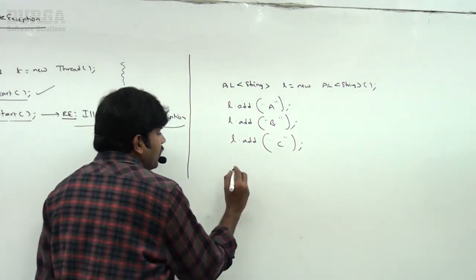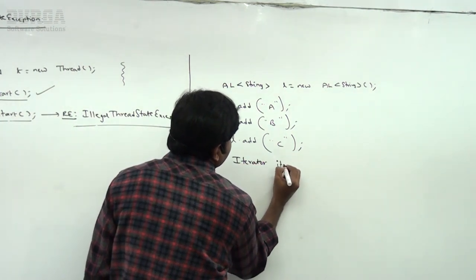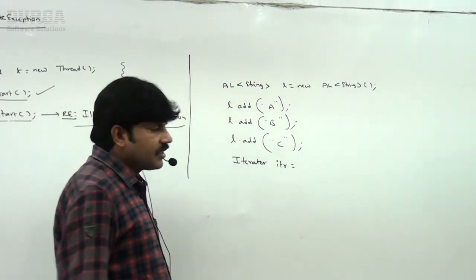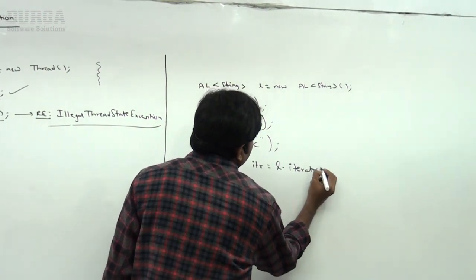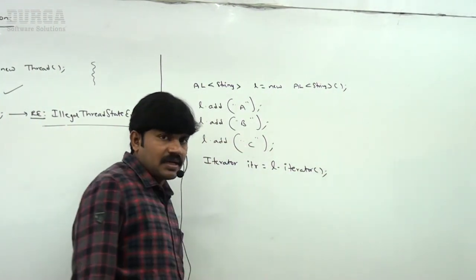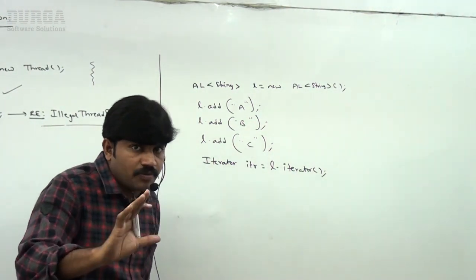Next my target is Iterator. Iterator itr = l.iterator(). Now I got the iterator to get objects one by one.